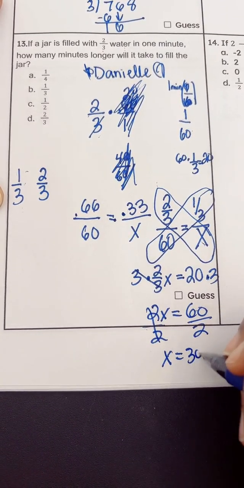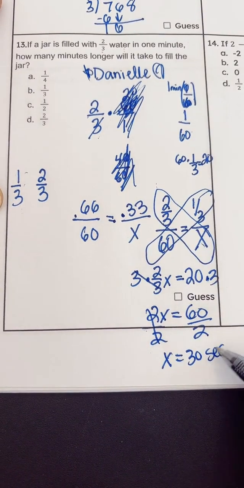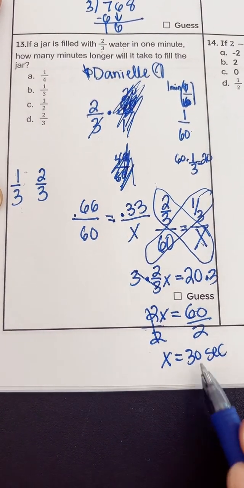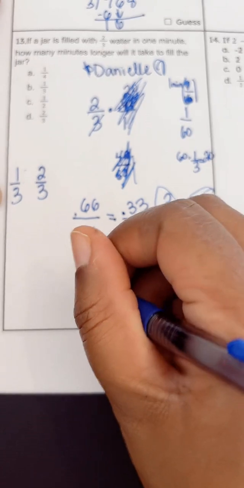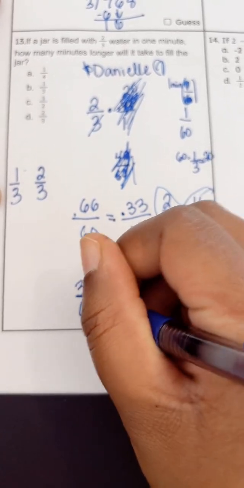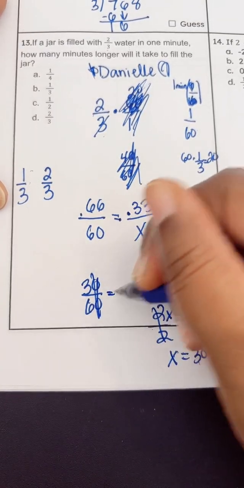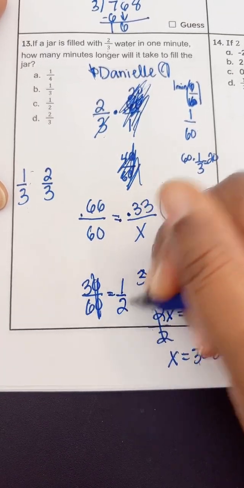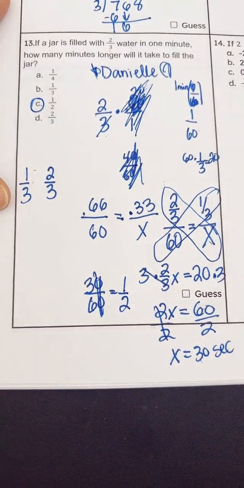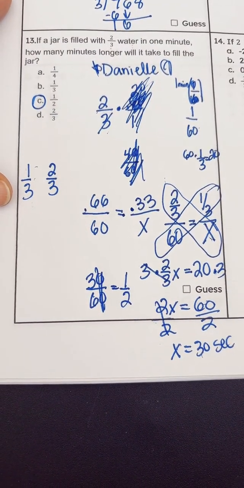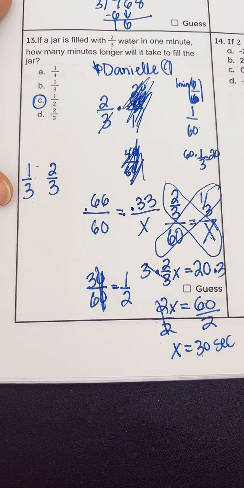X equals 30 seconds. Now remember, we wanted it in minutes. So what do we have to do with this 30? Put it over 60 and simplify it. Zeros cancel out and we get 1/2. So C is our answer. Yes.